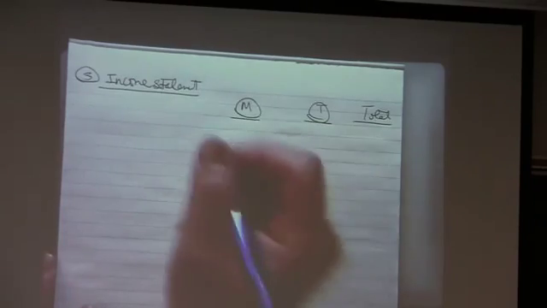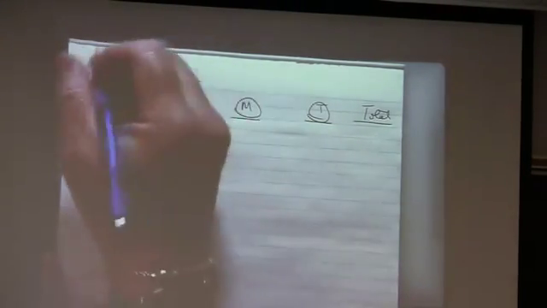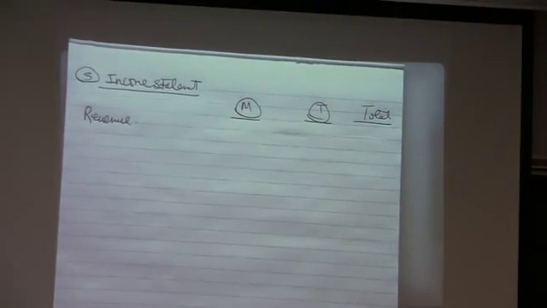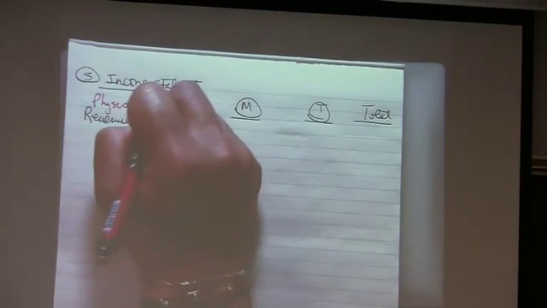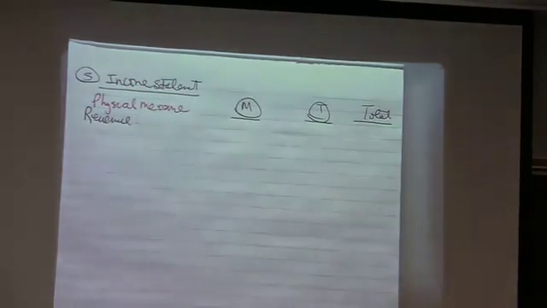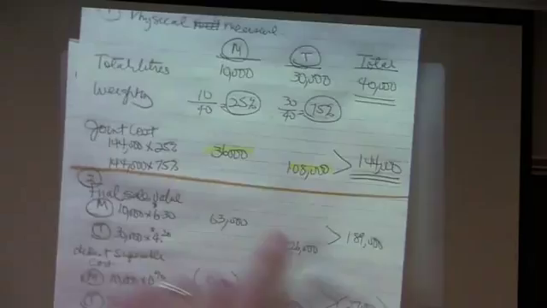Okay, the first one is revenue. Let's do the physical measure first. So let me write that down in red. It's the first method. So revenue is going to be the same, right? It's going to be this number, 63,000 and 126,000, we just calculated in part 2.